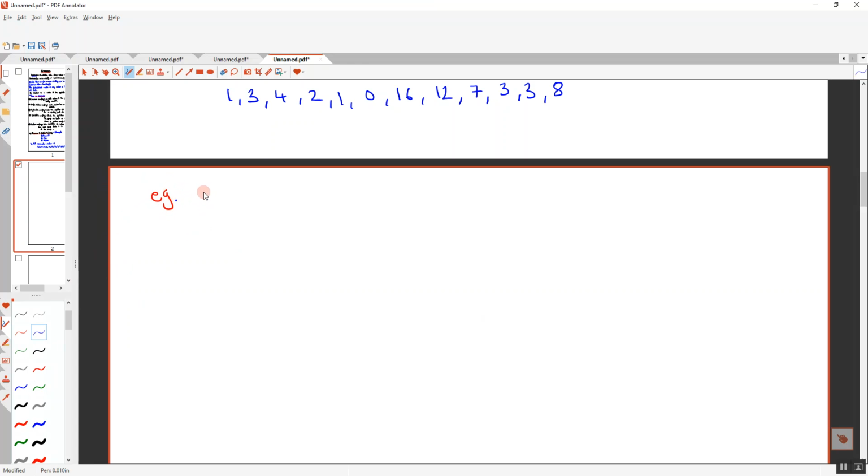Okay, so let's imagine we're looking at people's shoe sizes.